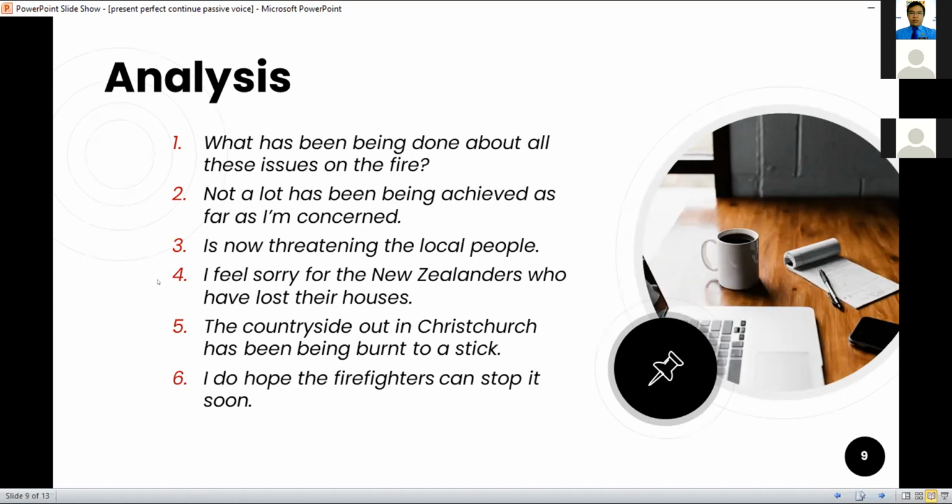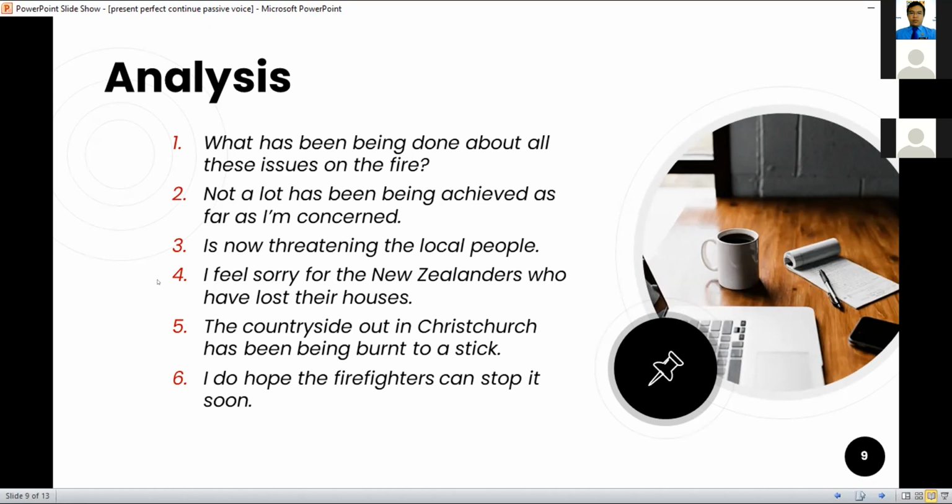Number 4: The countryside has been burned to a stick. We use the present simple because it's an emotional state.